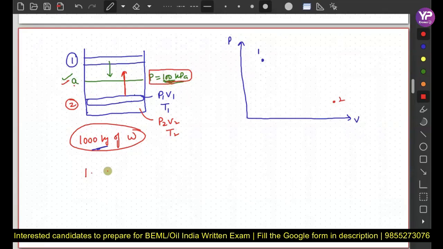When the piston was moving from 1 to 2, the pressure at A was 100 kilopascal. But now, as you remove the weight and the piston moves from 2 to 1 in the opposite direction, is it necessary that at the same position A you will see the same pressure? Yes or no? Give me a response now.